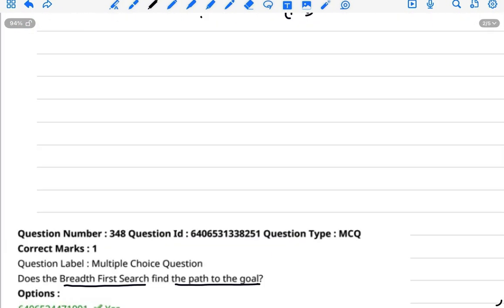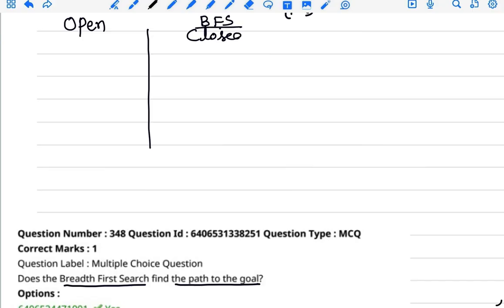Okay, BFS, there are two lists, right? The open list and the closed list. This is the open list, this one is the closed list. First, the moveGen table returns the neighbors, right?